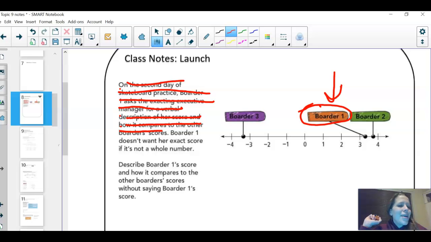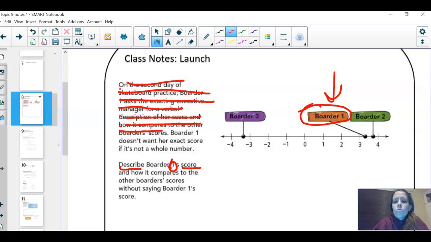Boarder 1 doesn't want her exact score if it's not a whole number. Porque este no es un número entero, ella no quiere saber su punto. So describe, that's a cognate for describir, describe Boarder 1's score, okay, her points.